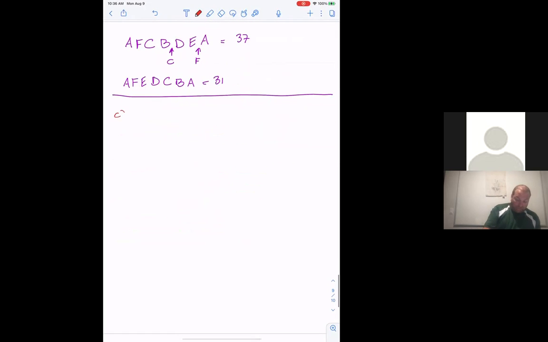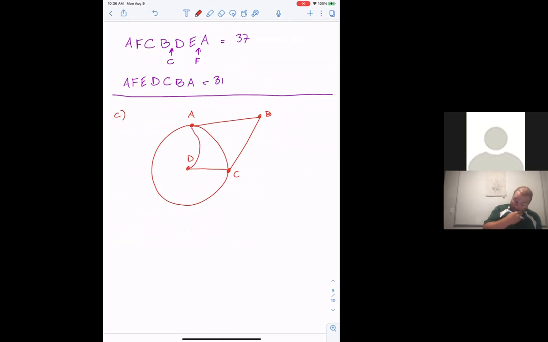Okay, and then part C. Let's see what we have here. A, B, C, D to C and to A, E to D, and F. And then we have 6, 4, 6, 5, 2, 4, 5, 3, and 4.